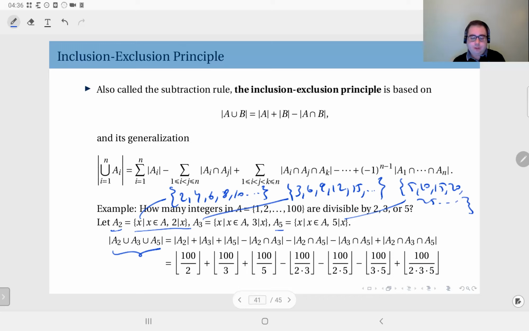And the union will be 2, 3, 4, 5, 6, 8, 9, 10, etc.